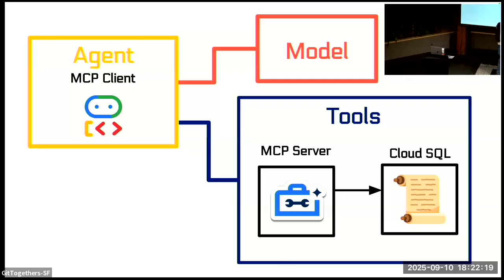This is the model, and inside the tool we have the MCP server connecting to a tool. Here we're connecting to a DB so that this agent can do a DB fetch in this case. But we are able to build an MCP server that connects to an API call and also has a custom function as well.